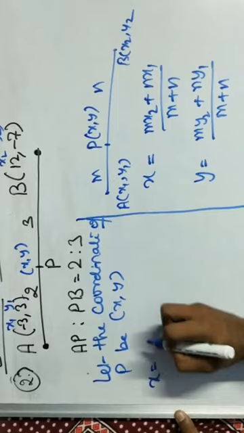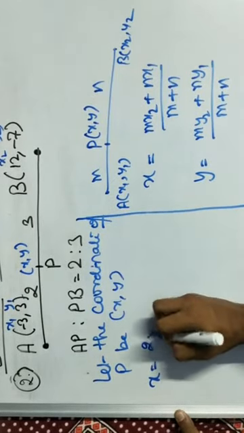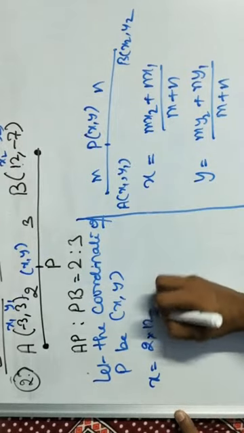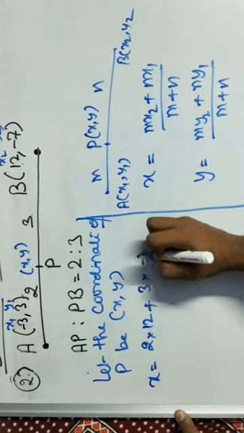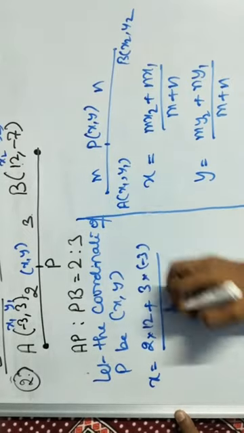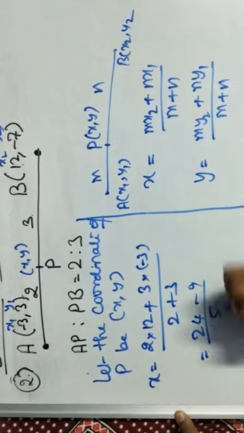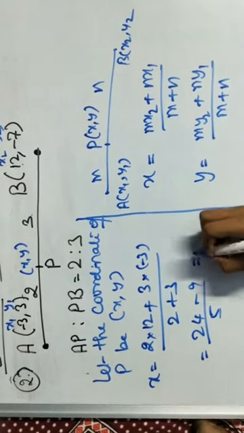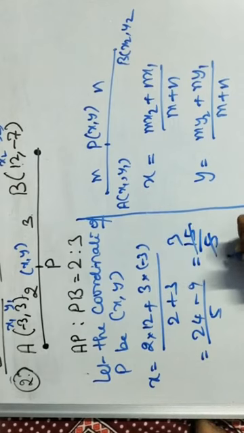So what is x? x will be m times x2 plus n times x1, 2 into 12 plus 3 times -3, by the sum of the ratio 2 plus 3. So this is (24 minus 9) by 5. This will be 15 by 5, that is 3.